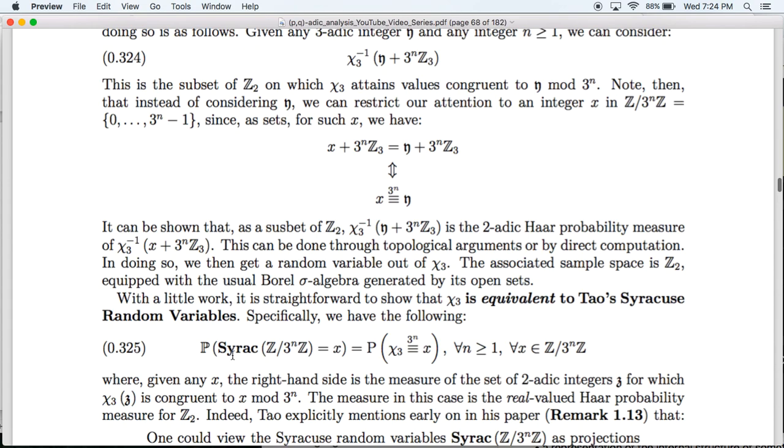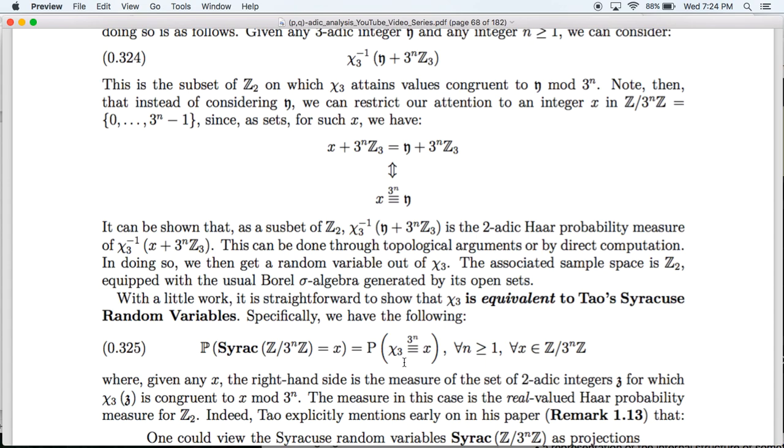The probability that the nth Syracuse random variable is equal to some x in Z mod 3 to the n Z is the same thing as the probability that chi3 is congruent to x mod 3 to the n. This is the two-adic probability measure of the set of two-adic integers which chi3 sends to values congruent to x mod 3 to the n.